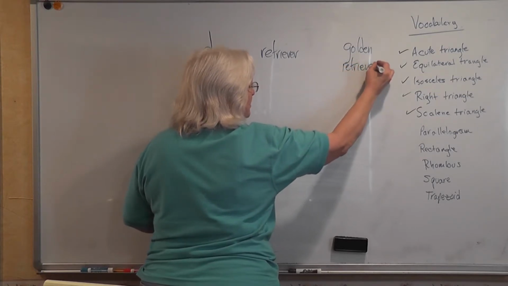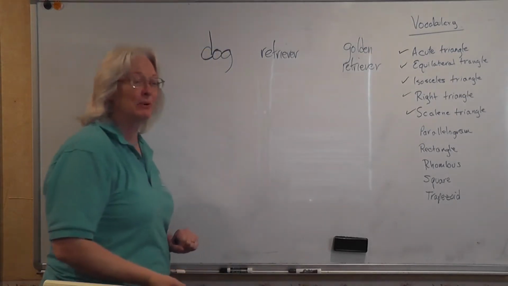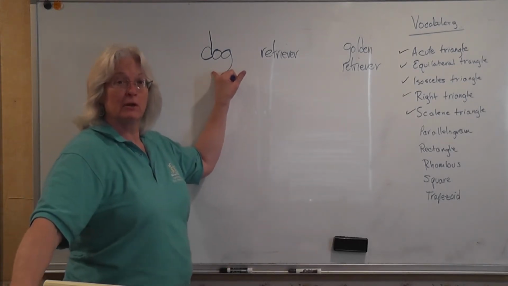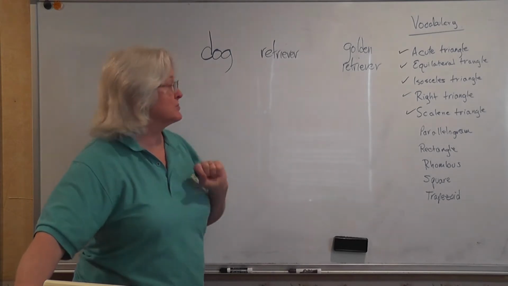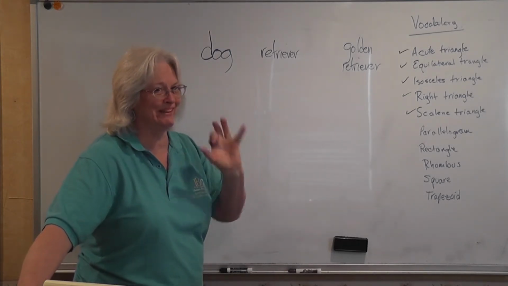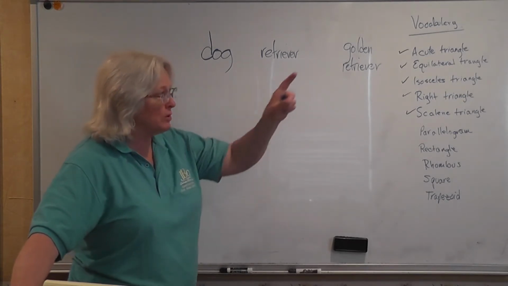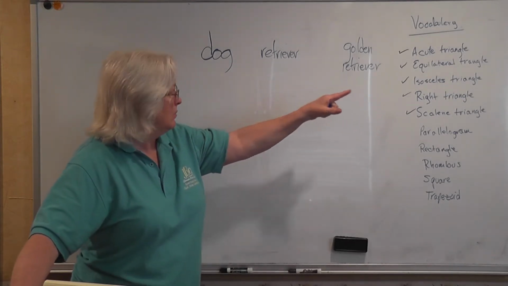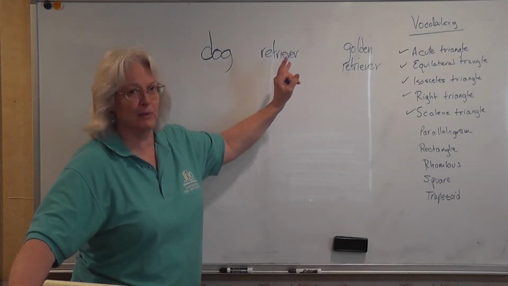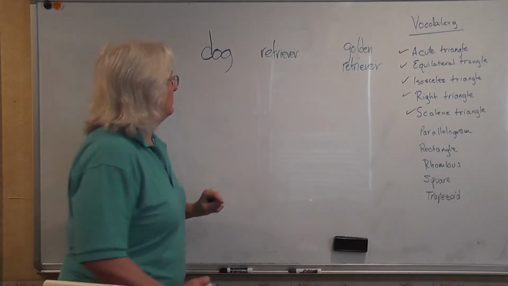Now, I am not a dog person. I'm more of a cat person. Retrievers are beautiful. It's obviously a dog. If you want to describe it a little bit more specifically, you're at a dog park and there's a whole bunch of dogs. Well, it's the one over there in the corner that's a retriever. Well, I see a golden retriever, and I think I probably meant labs instead of retrievers.